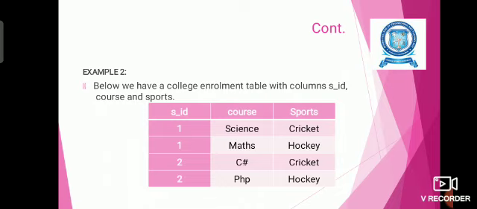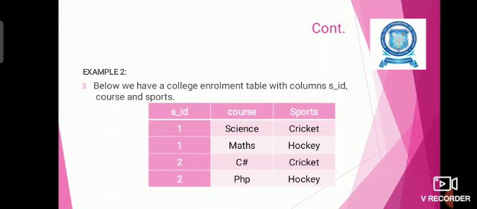Also we can see one more example. Again the same student table has student ID, course and the sports interested by the student, that is sports played by the particular student. Here also the same attribute student ID has multivalued dependency on the other attributes course and sports, and course and sports are independent attributes.